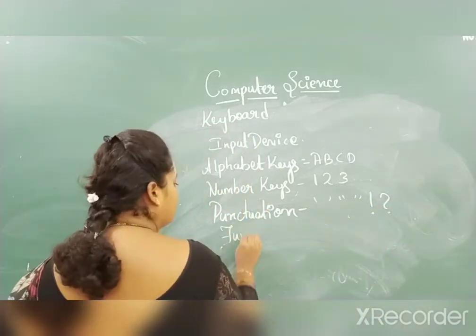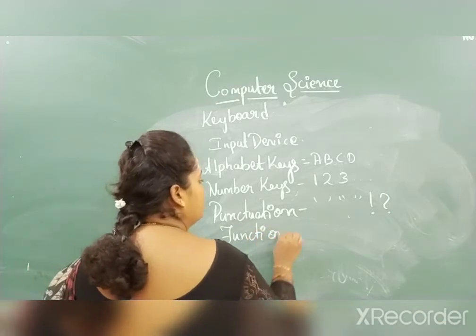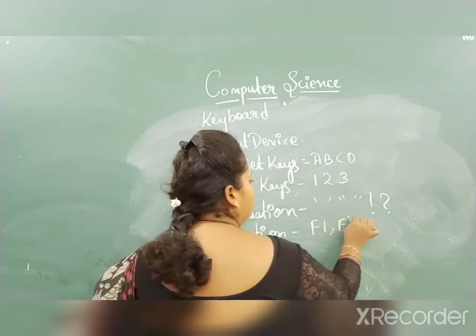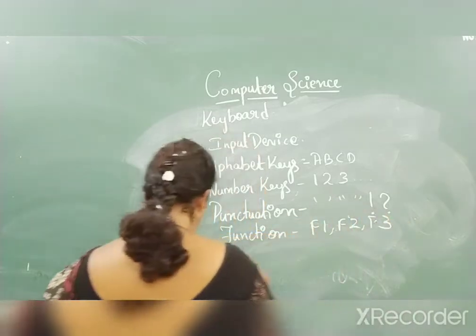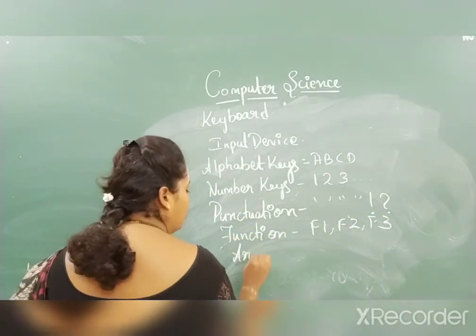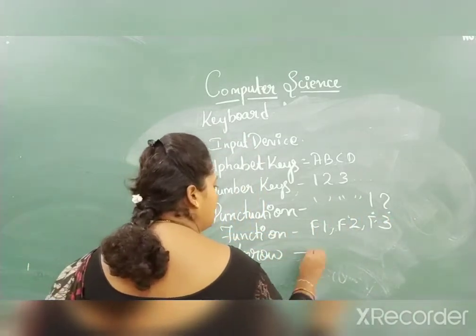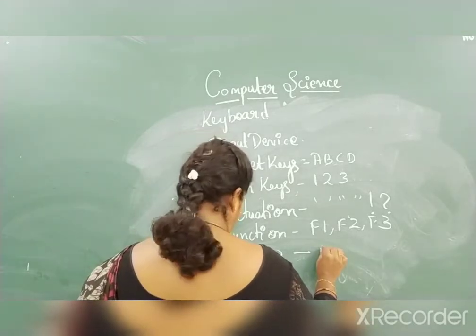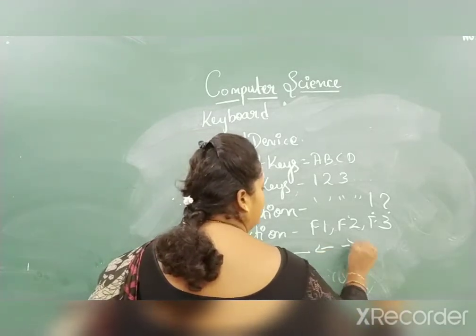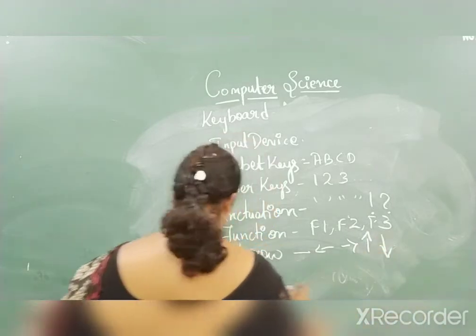Function keys, wherein you will have F1, F2, F3. Arrow keys, you also call them navigation keys. Arrow keys, you have left, right, up and down.